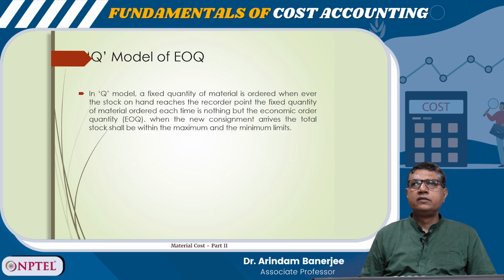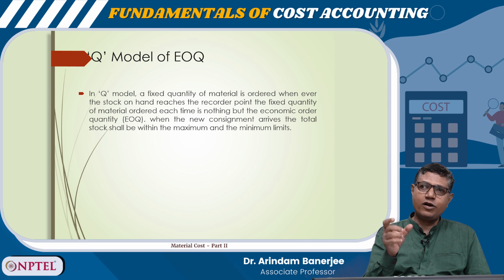Now, you see the first model which we will discuss, that is the Q model. Q model says what? It says that the company will order a fixed quantity. The quantity will not change, that quantity we will decide, right. It can be 100, it can be 200 and 250, whatever.